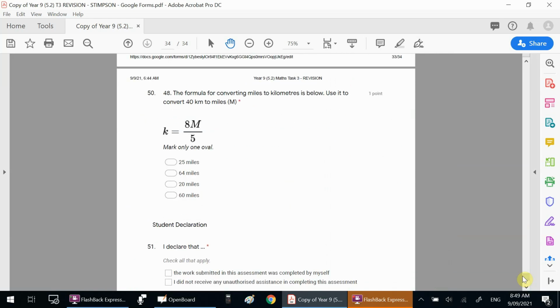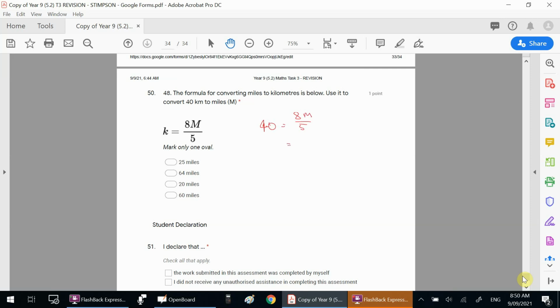Formula for converting miles to kilometres, used to convert 40 kilometres to miles. So there's something in the 40 for the K. So I'm assuming that's kilometres, so kilometres is 40. 8 times the miles over 5. Okay, we simplify the fraction by multiplying by the denominator.